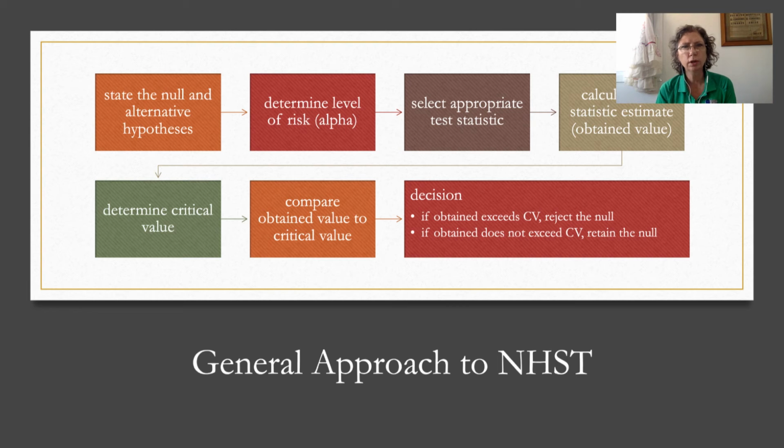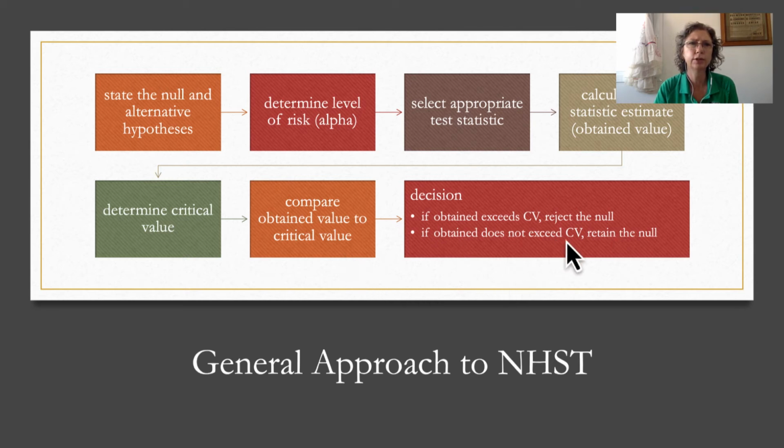So for what we're going into today, some things we have the program do for us. We have either SPSS or JASP or R, whatever statistical program we're using. It's going to calculate the test statistic, determine the critical value, and compare the estimate to the critical value.